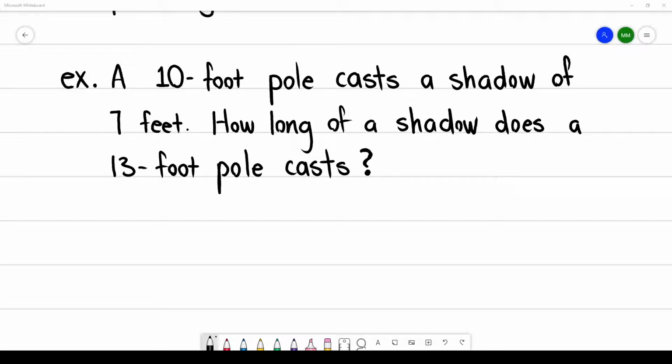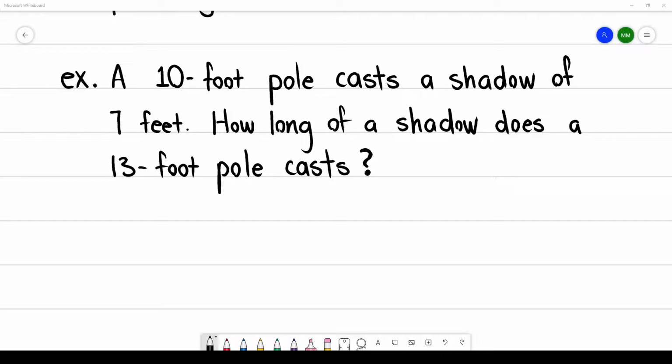Oh, do we have an answer? 17.2 feet? I don't think so. 9.1? So Emma, if we talk about direct proportion, what you will find is that the 10-foot pole casts a shadow that is 7 feet, which is a bit shorter, right?